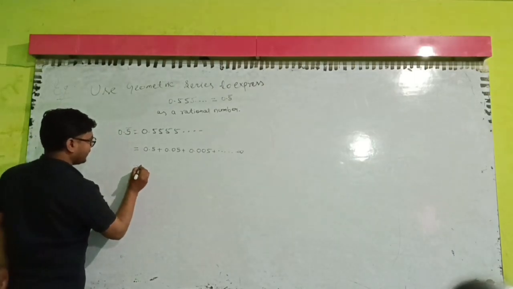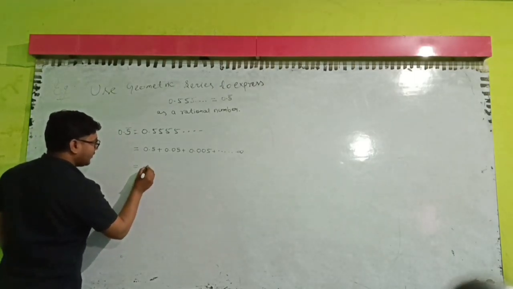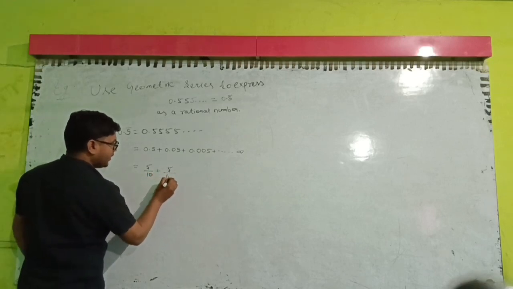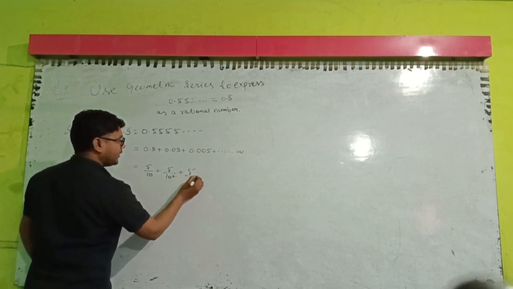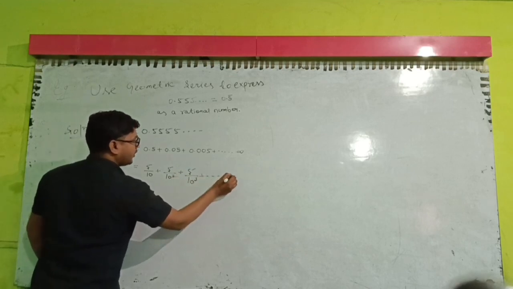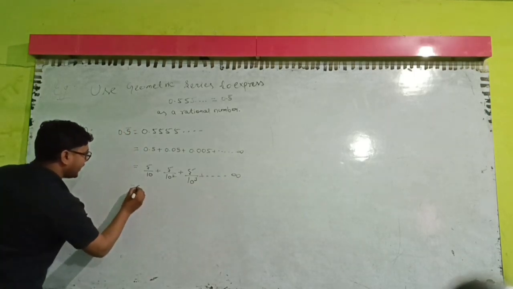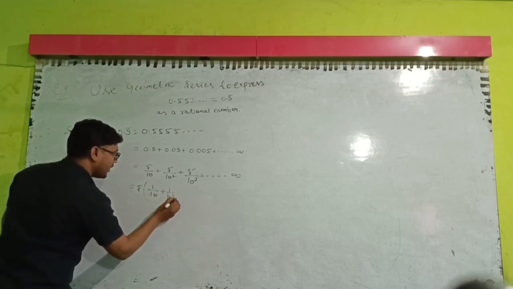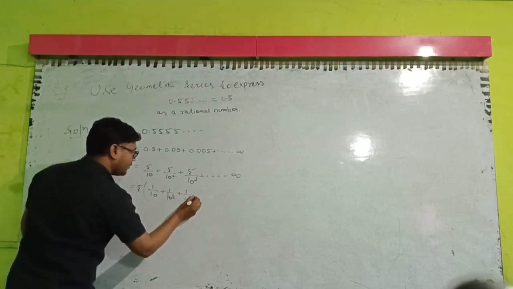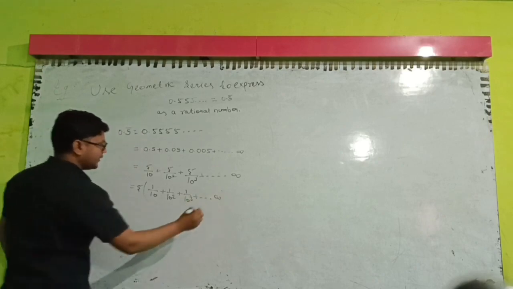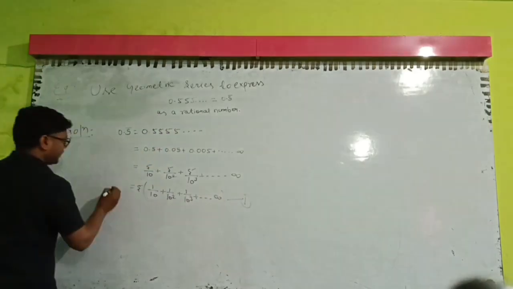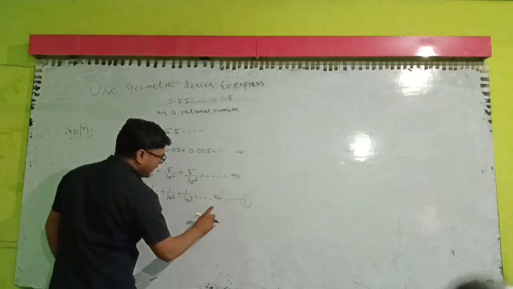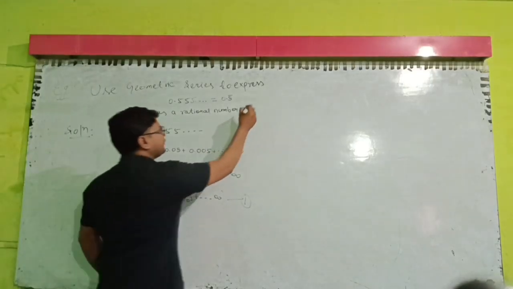Now we solve it again: we get 5 by 10 plus 5 by 10 square plus 5 by 10 cube and so on to infinity. Here we take 5 as common and we get 1 by 10, 1 by 10 square, 1 by 10 cube up to infinity. We take this as equation number 1. Now we solve this infinite geometric series.